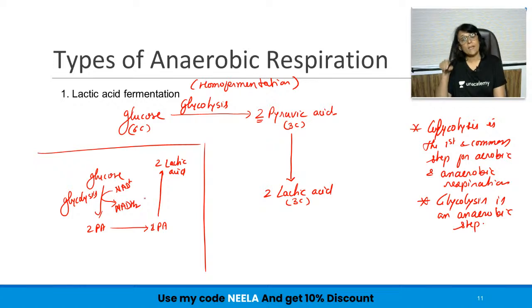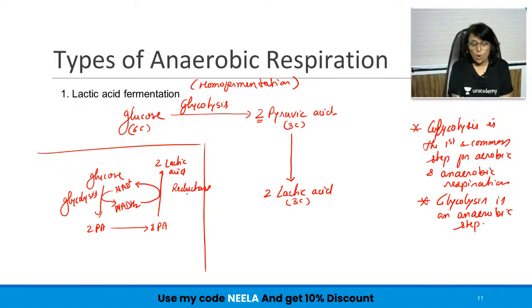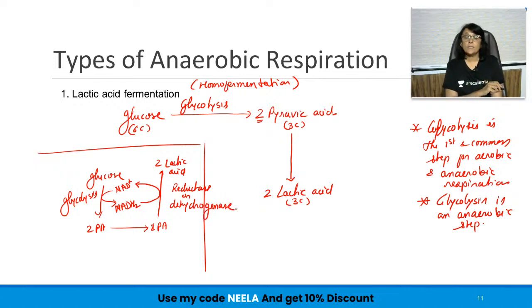When pyruvic acid gets converted into lactic acid, this NADH2 gets oxidized and pyruvic acid is getting reduced into lactic acid. So here the enzyme is, you can call it reductase or dehydrogenase. And for this enzyme to work, there is a coenzyme required.